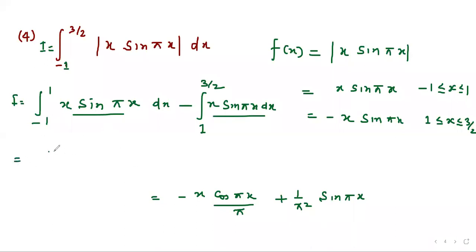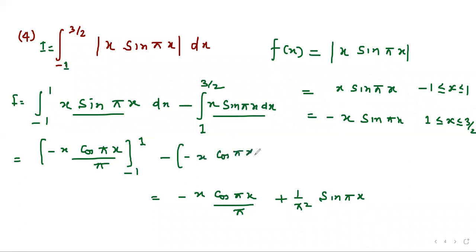This portion will become minus x cos pi x upon pi, limits minus 1 to 1, minus x cos pi x upon pi plus 1 upon pi square sine pi x.